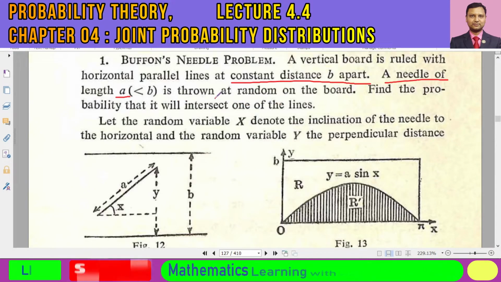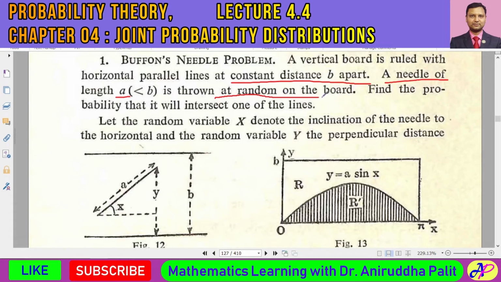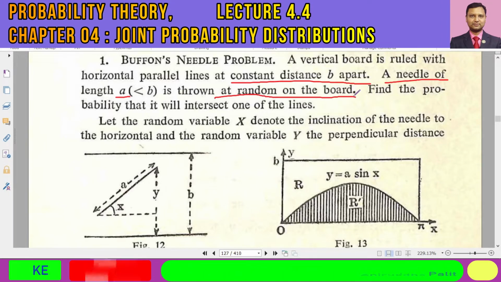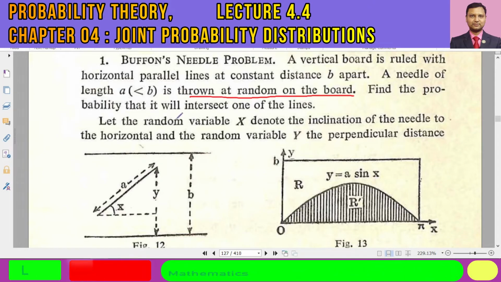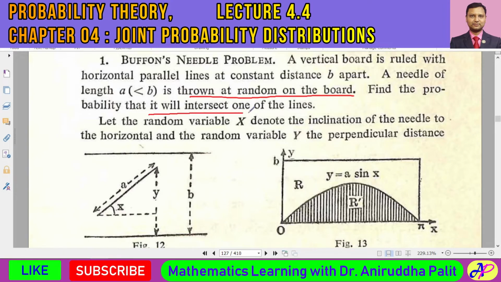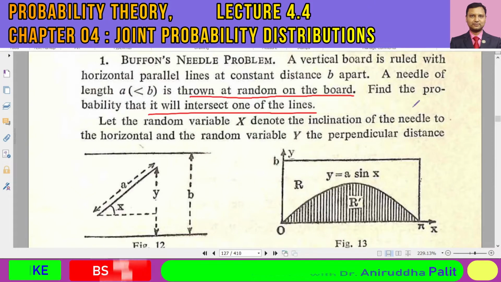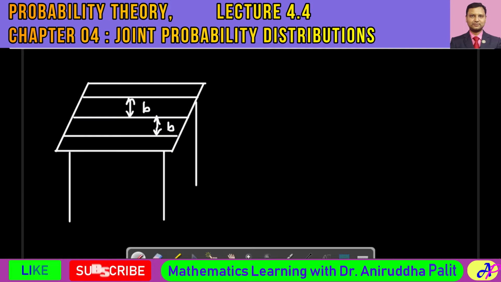Mind it, it is thrown at random on the board. A needle of length a, which is less than b, is thrown at random on the board. What we need to find? We need to find the probability that it will intersect one of the lines.